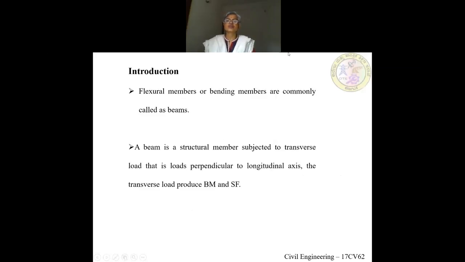So what is a beam? Beam is a horizontal member, right? It carries transverse loads. The loads acting on the beam are called transverse loads.